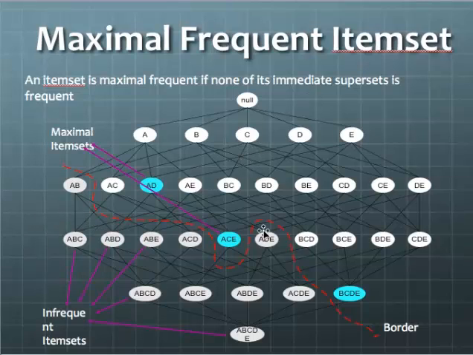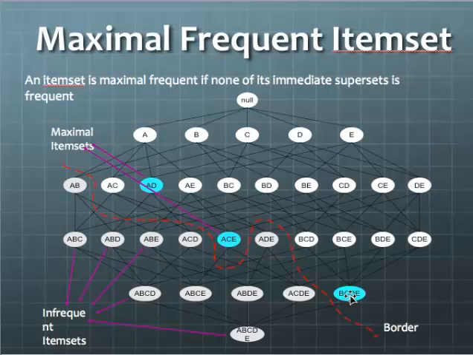Among the item sets residing near the border, like AD, ACE, and BCDE, are considered to be maximal frequent item sets because their immediate supersets are infrequent.